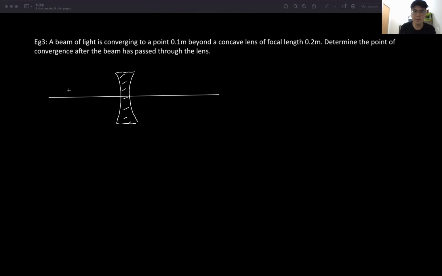A concave lens is diverging. So if you have parallel light rays pass through it, it will diverge. That means the actual rays will never meet. And they meet at the left side of the lens, which is a virtual image.